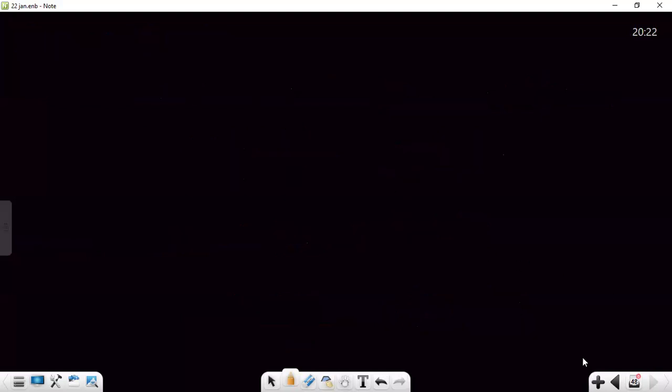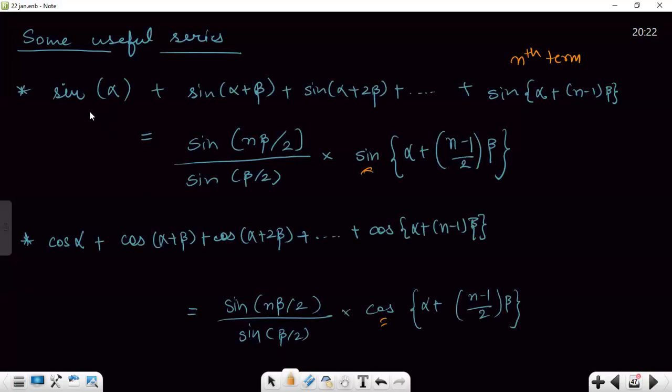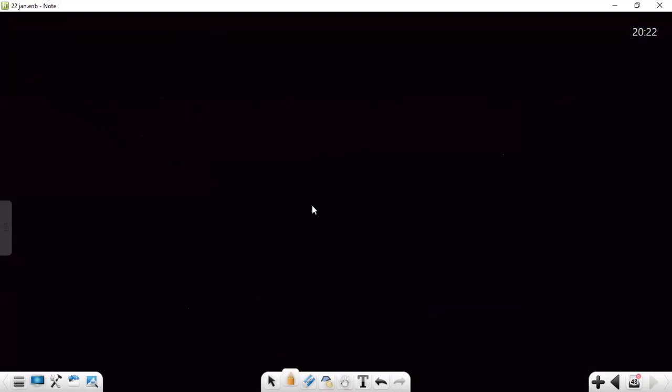There are some other formulas as well. When we discussed the angles before, they were in AP, arithmetic progression. Let's now discuss when the angles are in GP. Cosine of alpha multiplied with cosine of 2 alpha. The angles are getting doubled.